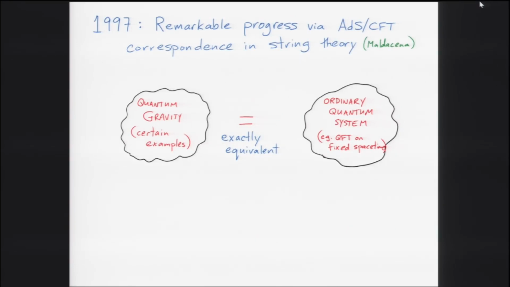This was through the AdS/CFT correspondence of Maldacena. And what it says is that certain examples of theories of quantum gravity, so quantum mechanical theories that are describing this dynamical space-time, are actually exactly equivalent by some amazing connection to just ordinary quantum mechanical systems where the space-time is not fluctuating.